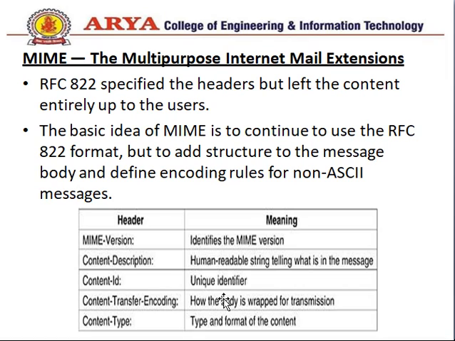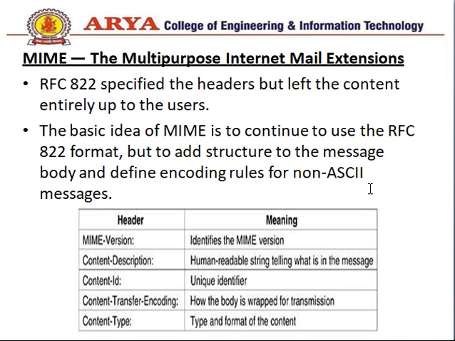So it will follow the RFC 822 format, but it will add extra information like the encoding rules for non-ASCII messages and the body of the message. Let's understand its fields. The first field contains the MIME version, what version this email is following. Next, Content-Description is a human-readable string telling what the message is.